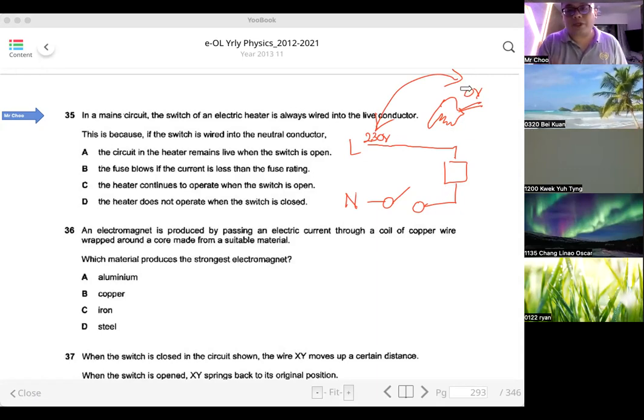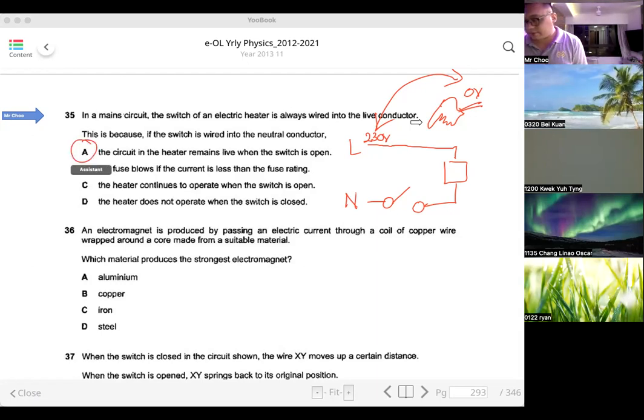There is a potential difference. Current will flow. You understand that? Then current flows, you get shocked. Too much current flowing through you, you might get electrocuted and die. So in this case, what would the answer be? The answer for this would be A. Is that clear?